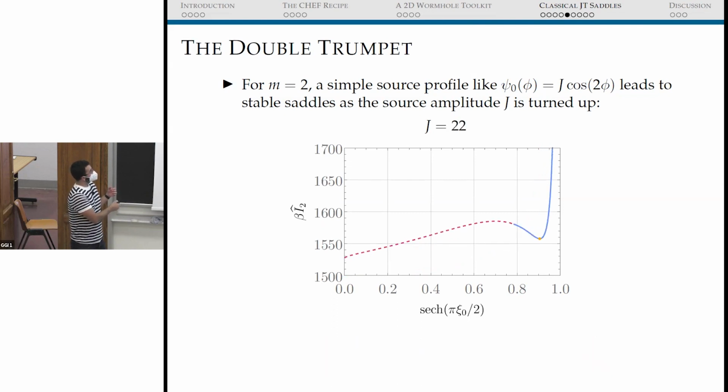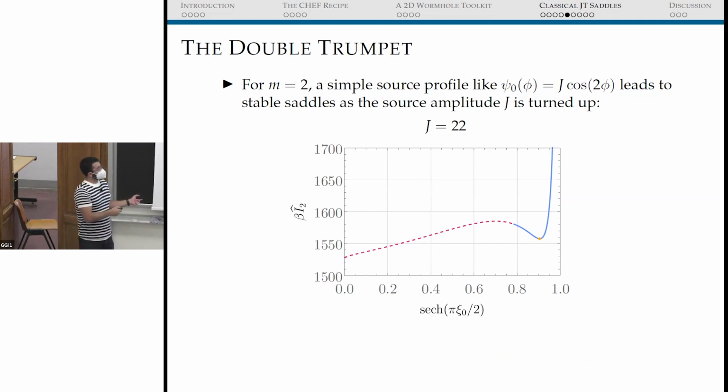This is the action, of course. And so we do get saddle points in the action, minima in particular, which stabilize the modulus as we tune up the amplitude of the scalar. The difference between dashed line and solid line here corresponds to a stability analysis.